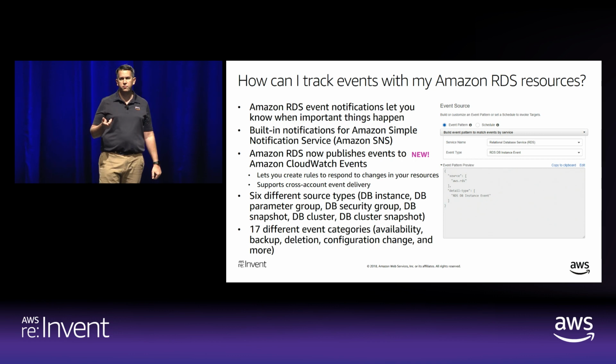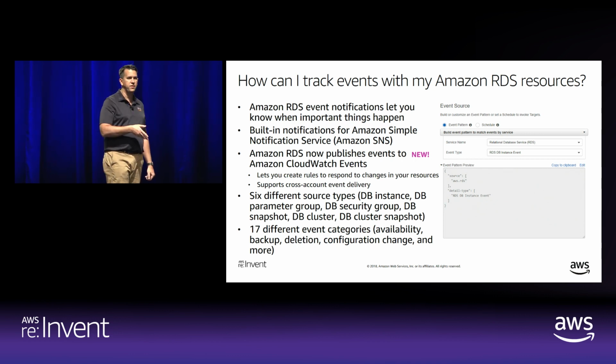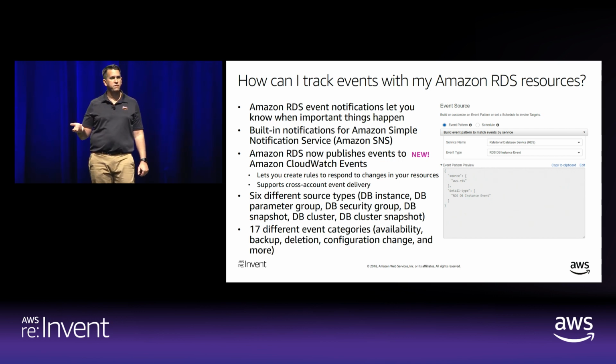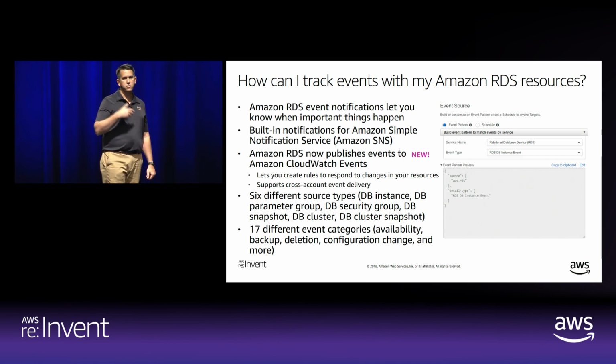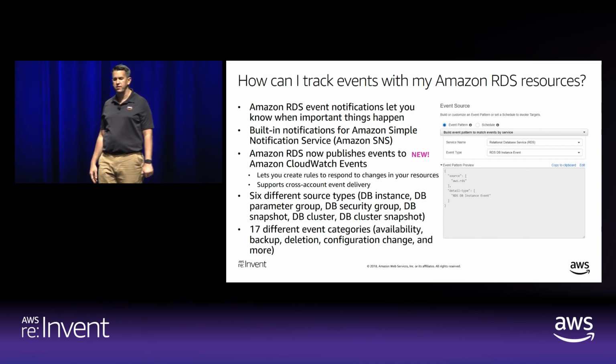And we now publish those events to CloudWatch events. So you can automatically go up into CloudWatch events. You can select Amazon RDS and select a category of event, and then you can select a target of that event. So you can run a Lambda, you can run an EC2 function, so you can basically build event rules that trigger on specific events.